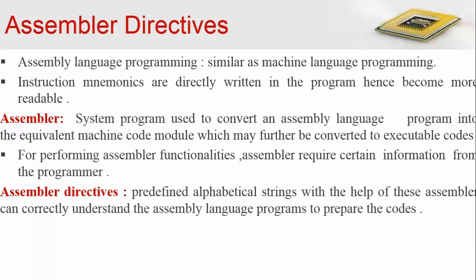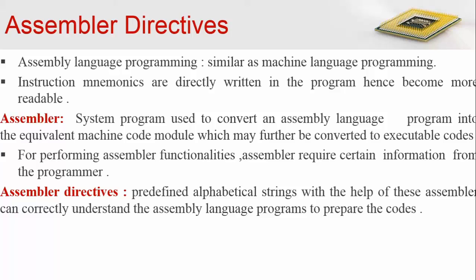For performing assembler functionalities, the assembler requires certain information from the programmer. Such information is passed through the program by the programmer with the help of certain mnemonics or alphabetical strings.